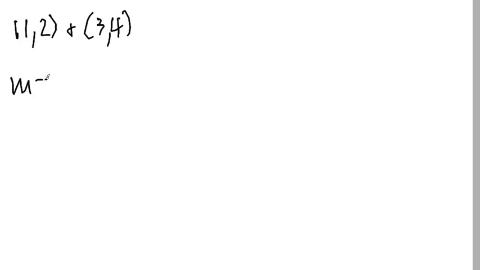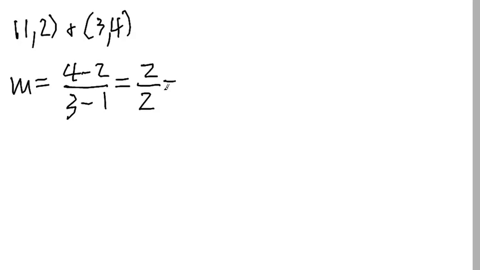Okay, so our 2 points were 1, 2 and 3, 4, and we know that the slope is then y2 minus y1, 4 minus 2, divided by x2 minus x1, which is 3 minus 1. 4 minus 2 is 2, 3 minus 1 is 2, 2 divided by 2 is 1, so m is equal to 1.